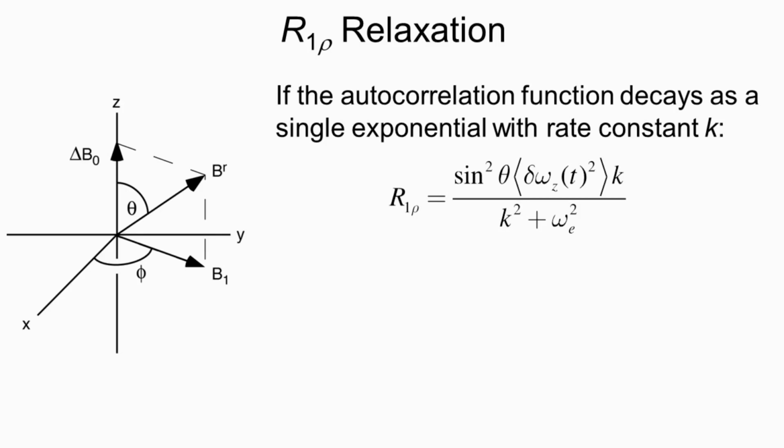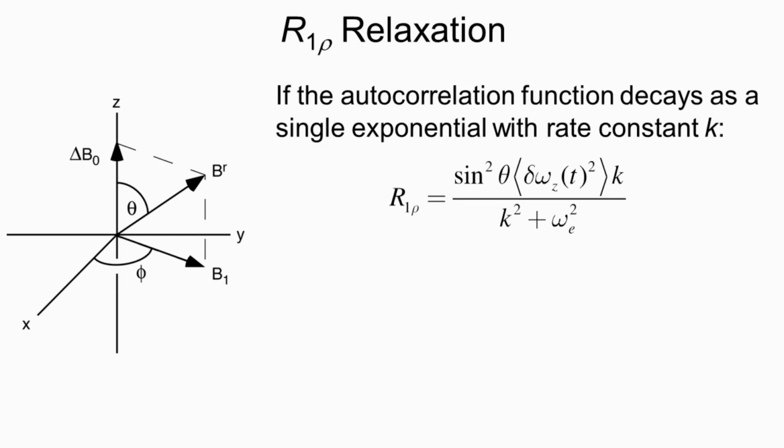So R1 rho for the two-state hopping model, or actually this could be any number of states. We haven't specified that it's two states. But we have a sine squared theta term that comes from the projection into the tilted frame. We have the variance again. But we have this new dependence. We have, in addition to dependence on k, or the correlation time 1 over k, a dependence on how strong the effective field is.